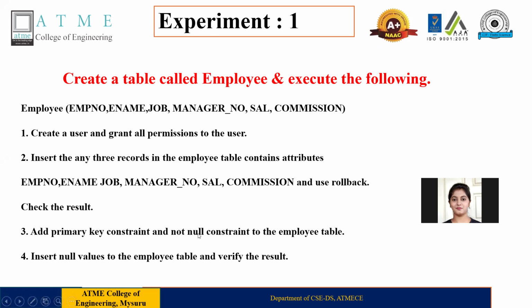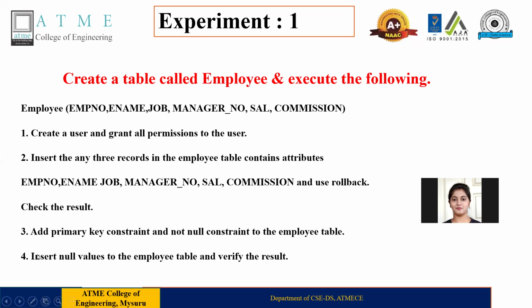We will see what is a not null, and also we have to add a not null constraint to the employee. That is, by default, if you do not mention not null while table creation, it will consider the attribute as null. But if you want any attribute to be not null, you have to specify it during table creation, or else you need to later alter the table. So we will see how to do that as well and add not null to the attributes.